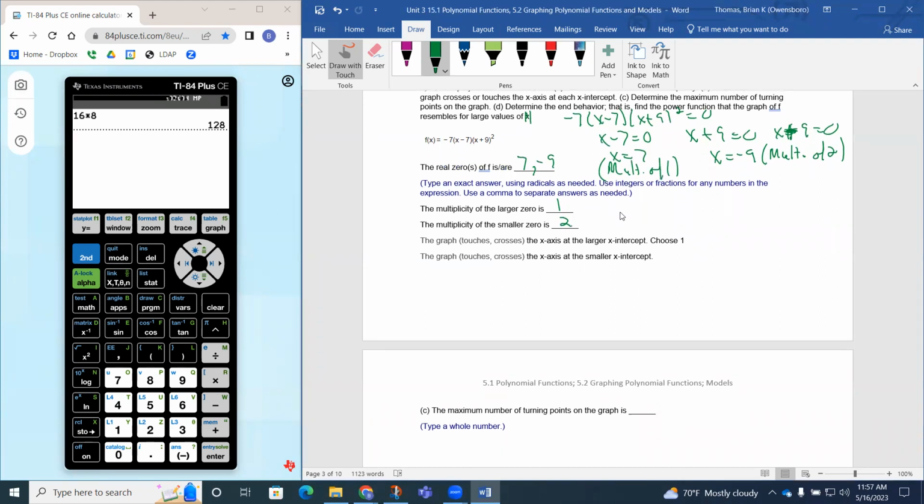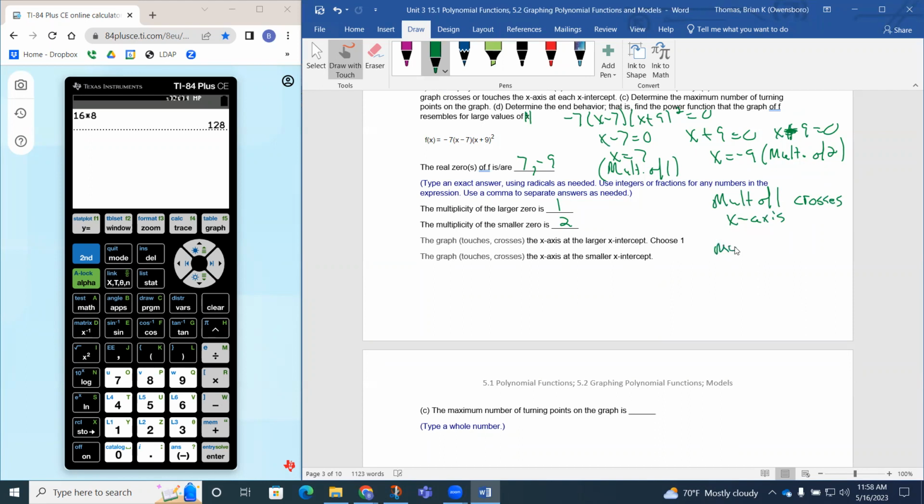Now, one of the things we pick up on is this. When it comes to graph behavior, with a multiplicity of 1, it's going to cross the x-axis. So there's going to be a sign change in the y values.